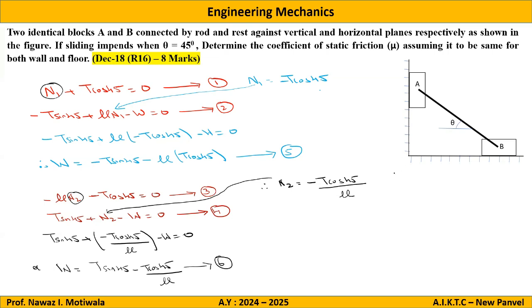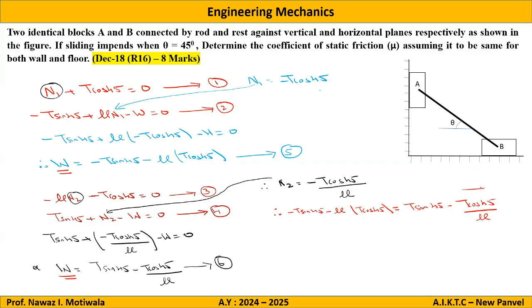Now, if you observe equations number 5 and 6, both the left hand sides are W, and it is also given in the question that they are identical. That means if the left side is equal, we can also equate the right hand side. Therefore, equating both equations 5 and 6, I can write minus T sin 45 minus mu into T cos 45 should be equal to T sin 45 minus T cos 45 divided by mu.